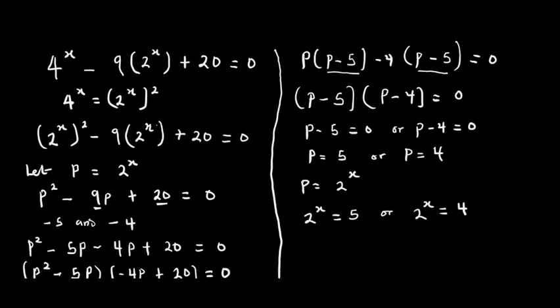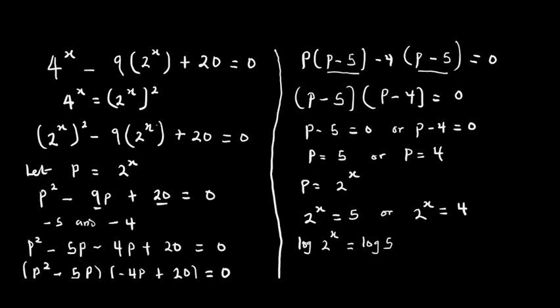So I need to write 5 as 2 to the power of something, but 2 to the power of 2 is 4. Then the next whole number is 3. 2 to the power of 3 is 8, so it's more than 5. So I need to apply logarithm to both sides here. So I have log 2 to the power of x is equal to log 5.